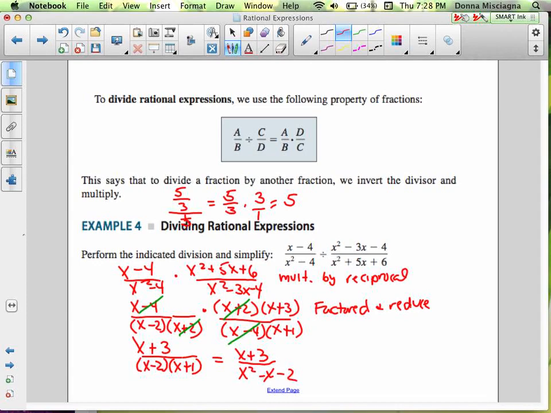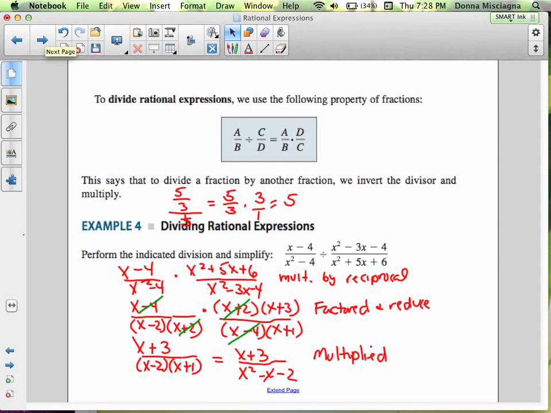So here we just multiplied. Right? And that's all there is to that. Not too bad, right? So multiplying and dividing rational expressions, not too complicated.